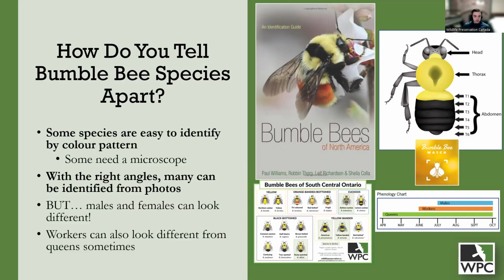So bumblebees, again, being social, are organized into different castes, with queens being the queen of the colony, and then workers and males all working towards the common interest of the colony.